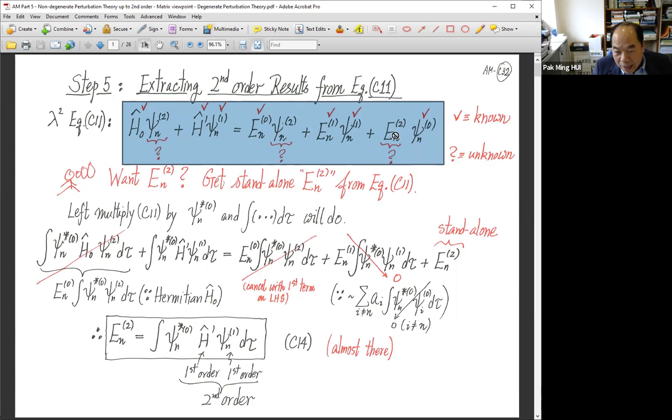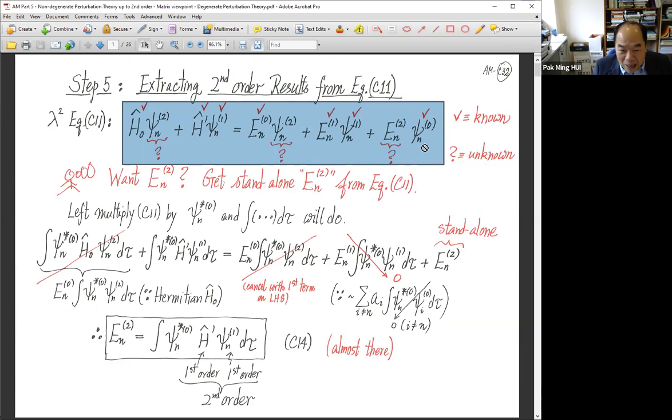So this is our enemy for the moment, EN2, okay? So what is the strategy? Make it stand out, right? Make it stand alone. Then we have an equation to solve for EN2. How to do it? I want to use normalization to get rid of this.